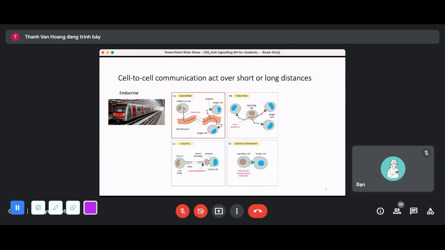So during puberty, the kids, or actually they are not kids, more adolescents, they grow very quickly, because at this time our body secretes a lot of growth hormone to make their body grow fast.